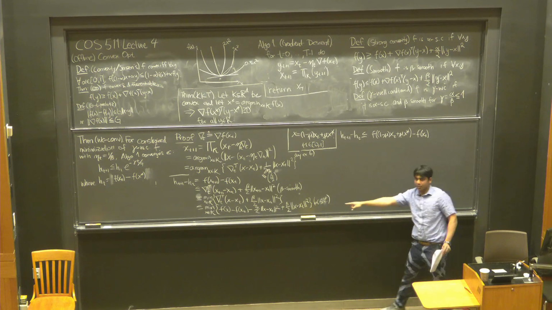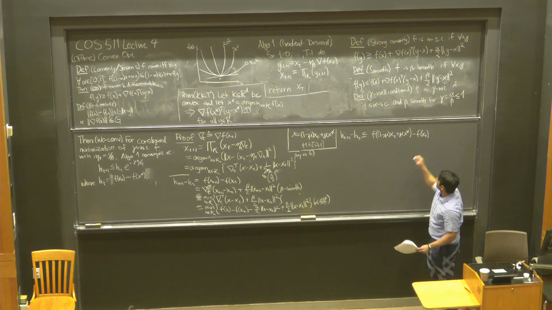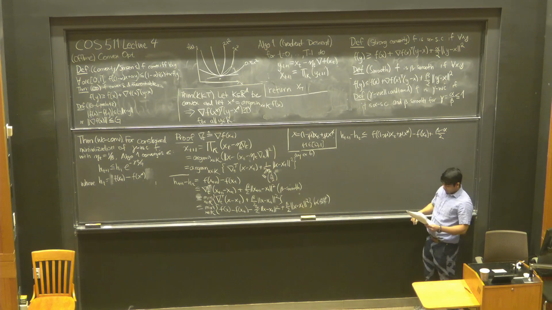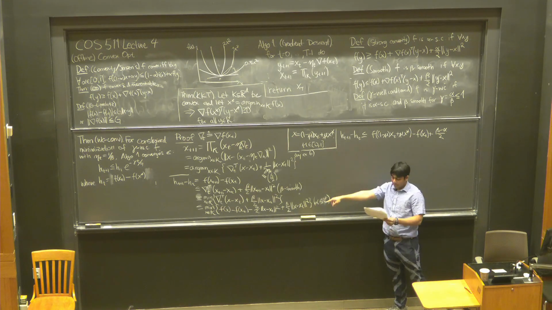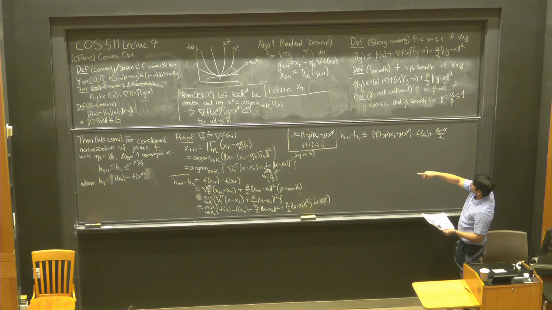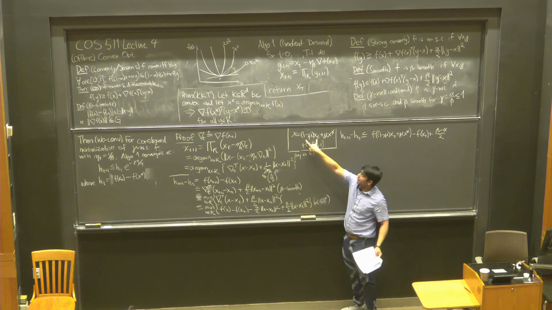And I'm going to simplify this into one fraction, beta minus alpha over 2. And now if I subtract x and xt, we should get rid of this 1, right?